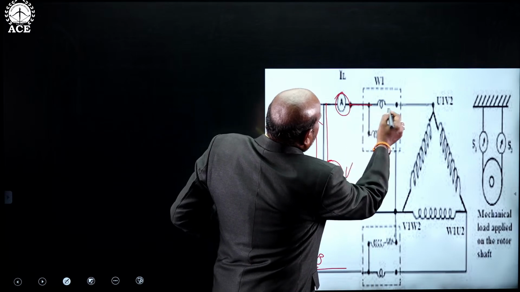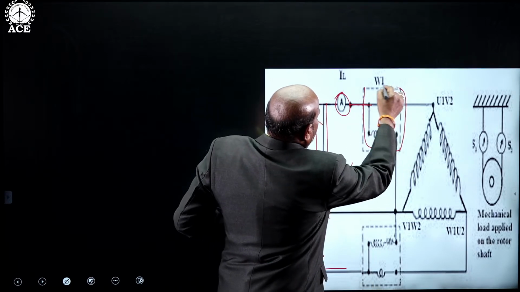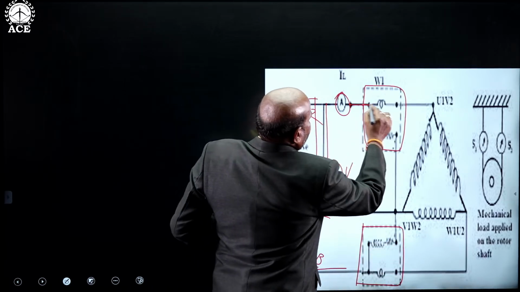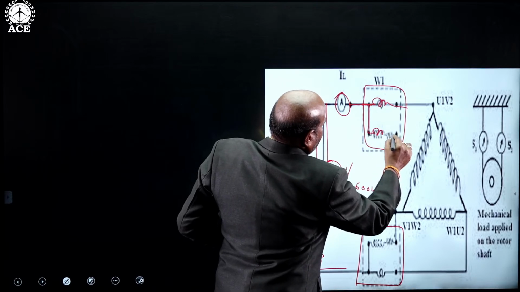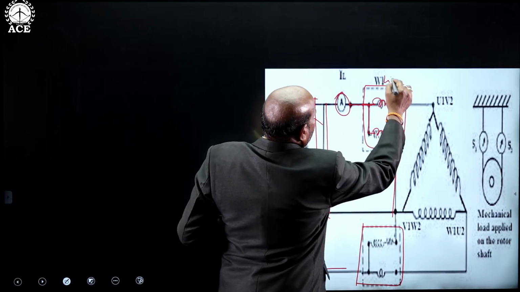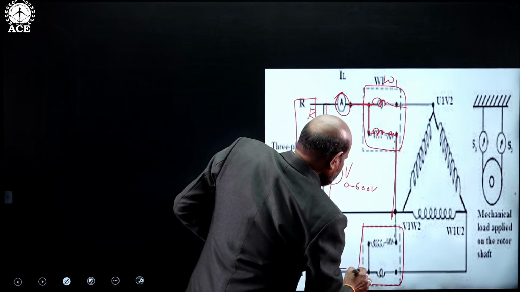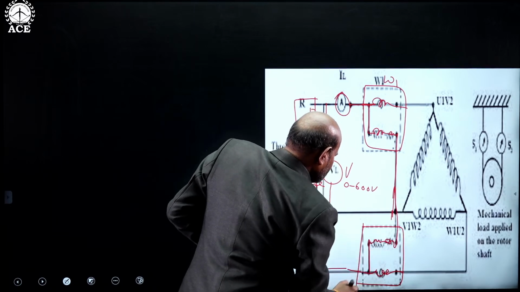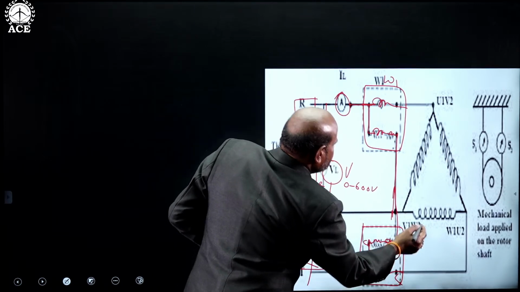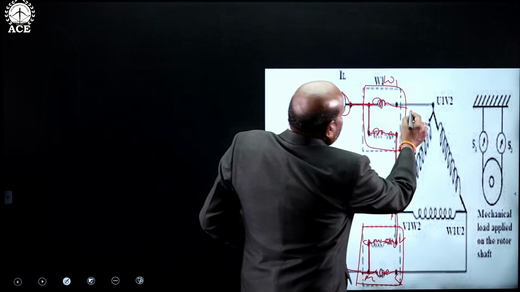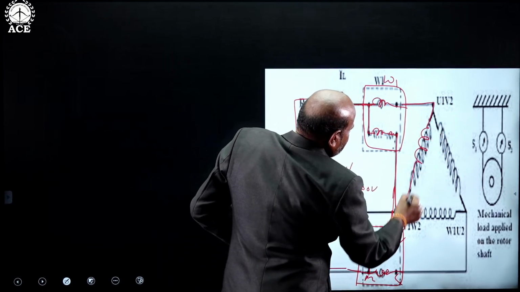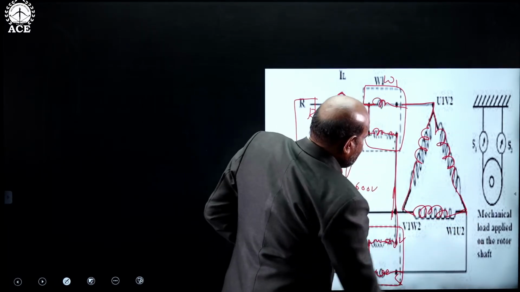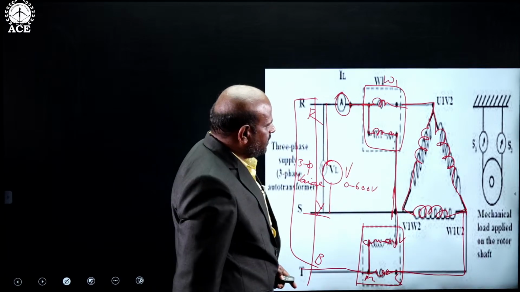Here there are two meters to measure the power, called wattmeters. We connect one more wattmeter here. The two are short circuited, MLCV, so the supply is given directly to the stator winding, which is delta connected.